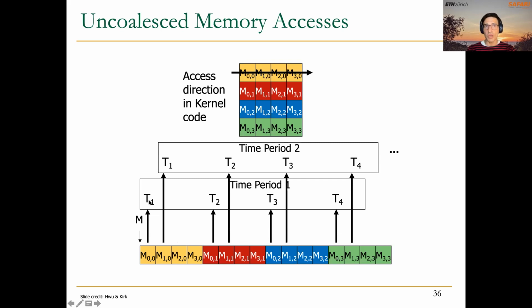However, the problem here is that the distance between the elements that consecutive threads are accessing in the same cycle, in the same time period, is pretty long. And this long stride means that they need to access data in different DRAM banks. And that's why we have an uncoalesced memory access.